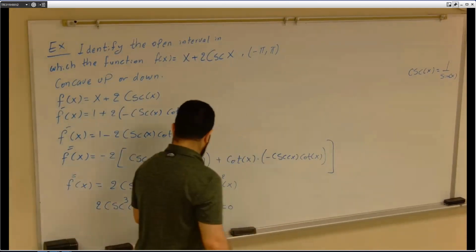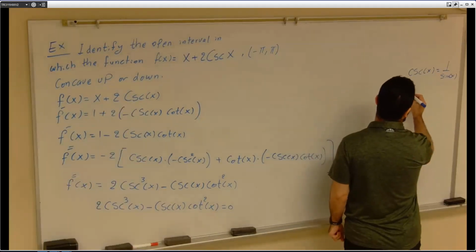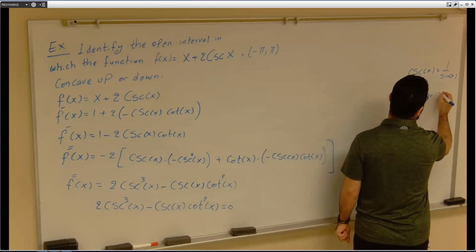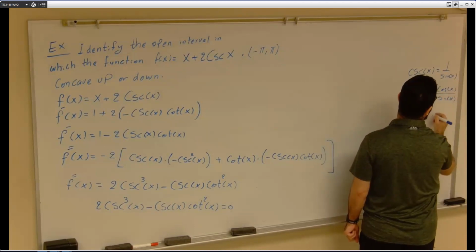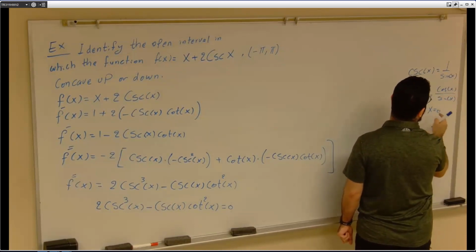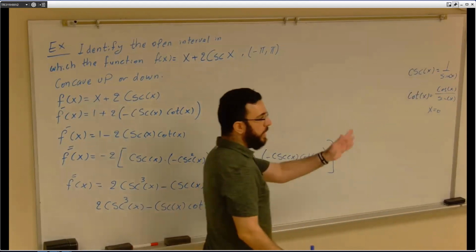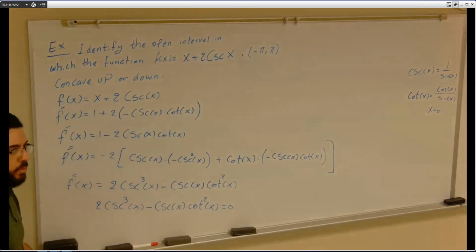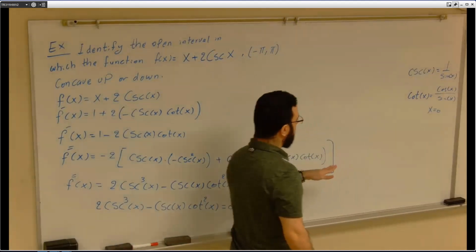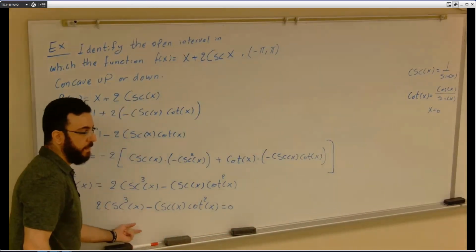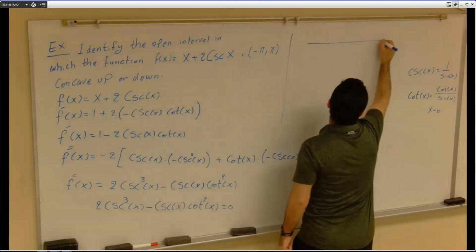The same thing for the other side: cotangent x equals cosine x divided by sine x. When x equals 0, cotangent is undefined and cosecant is undefined. That means when x equals 0, it's an asymptote between negative pi and pi. In this case, I can't find critical numbers here, but I have an asymptote, so I'm going to check the asymptote.